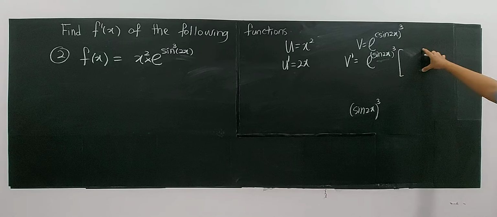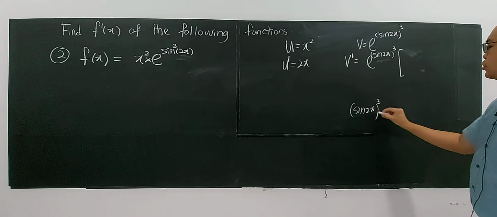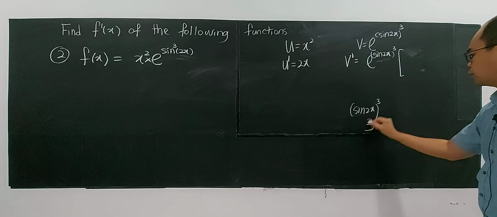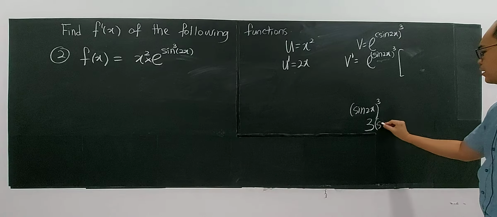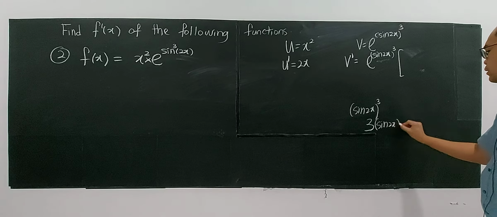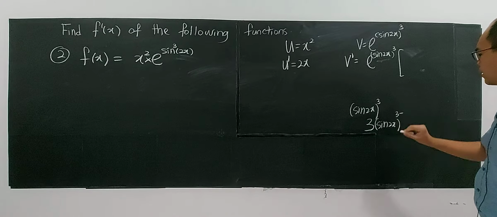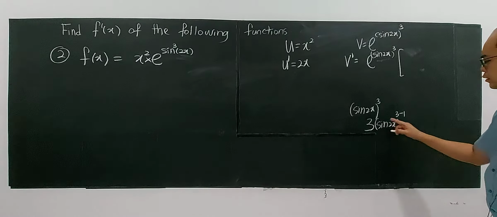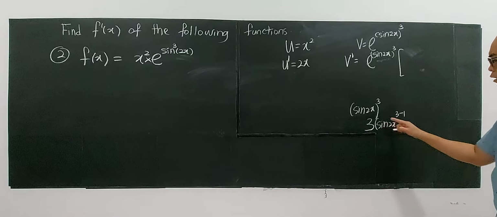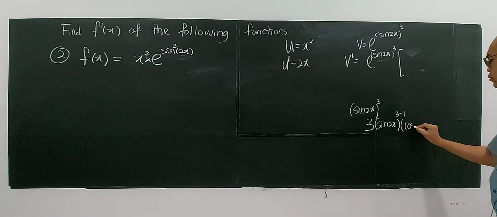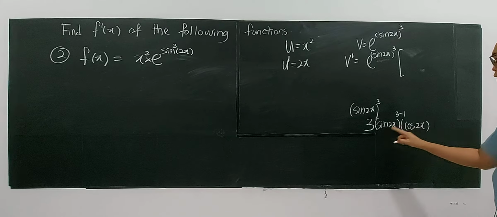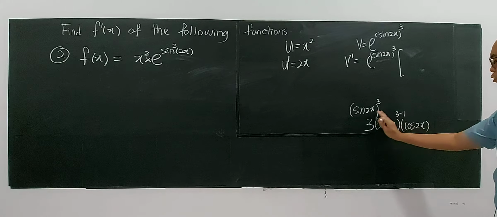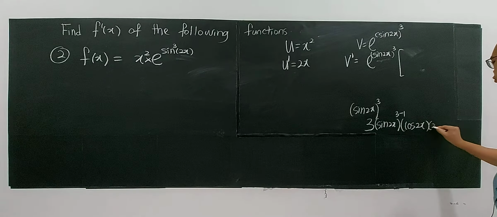So apply the chain rule. If you differentiate this one, how do you differentiate? You bring down the 3, then sine 2x, then the 3 you minus by 1. Later differentiate the function inside the bracket, which is cos 2x, right? Differentiate sine, you get cos 2x. And you differentiate the 2x, then you have 2, right?